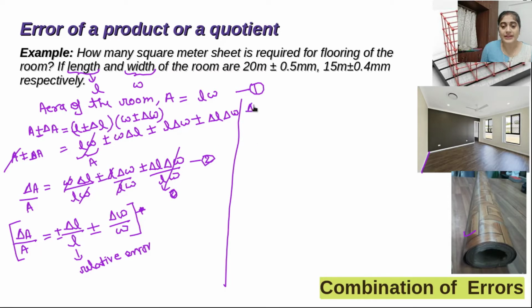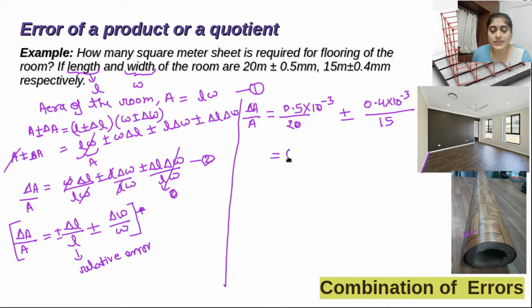If I am finding delta A by A, this is the relative error. So delta L by L is 0.5 divided by 20, and this is in mm. Keeping it in meters, it is 10 to the power minus 3. Plus minus 0.4 into 10 to the power minus 3 divided by 50.